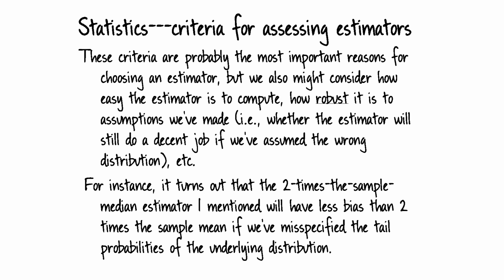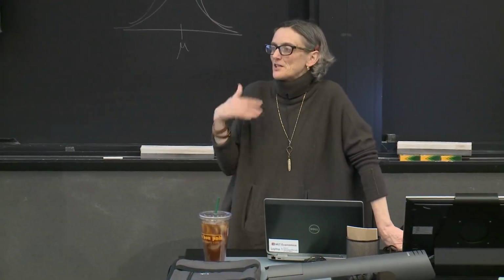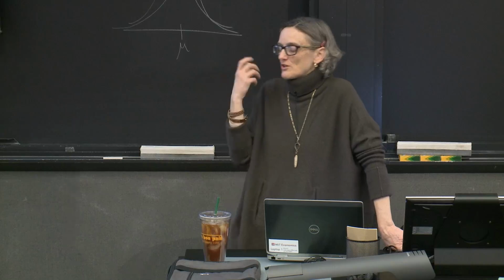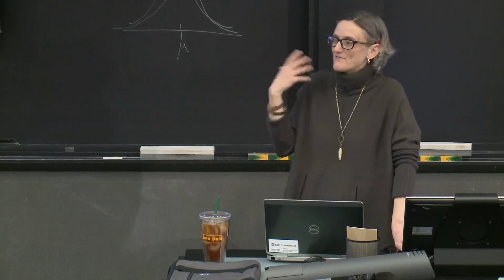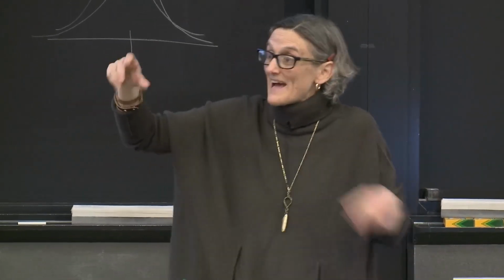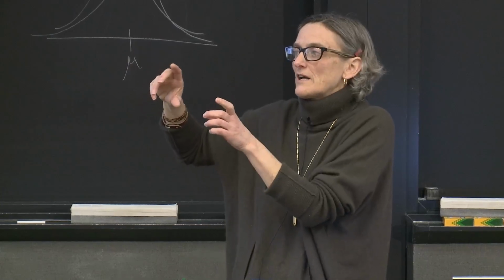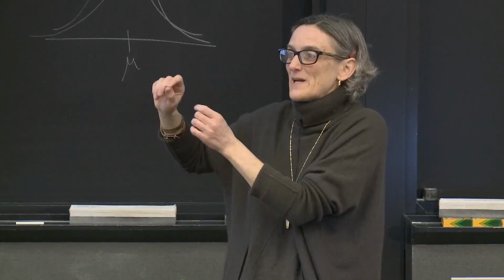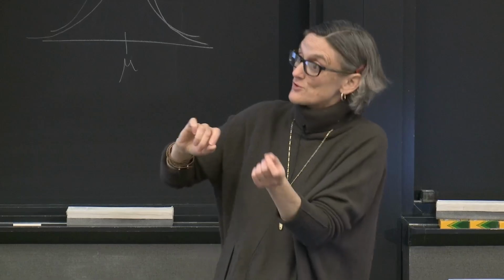Yes? Would those tail probabilities be underestimated or overestimated for that to hold, or does it not matter? Well, robustness is basically just a property of an estimator that says it still performs well if your assumptions are incorrect, and it could be that an estimator is only robust to misspecifications in one direction and not the other direction.